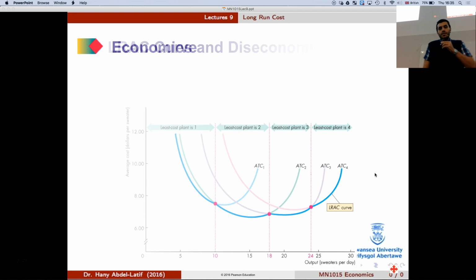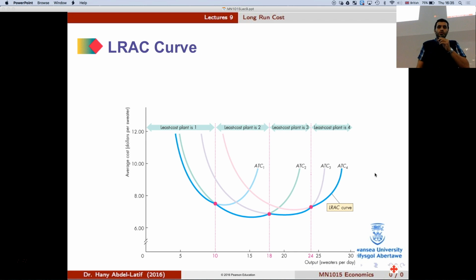But if you see the long run average cost curve, it takes this similar shape, this U shape. So what you see now, first, when you increase output, what happens to the average cost in the long run? It's decreasing. Okay?